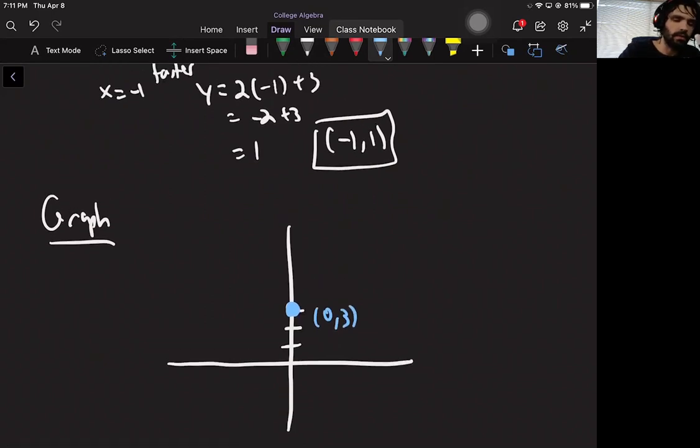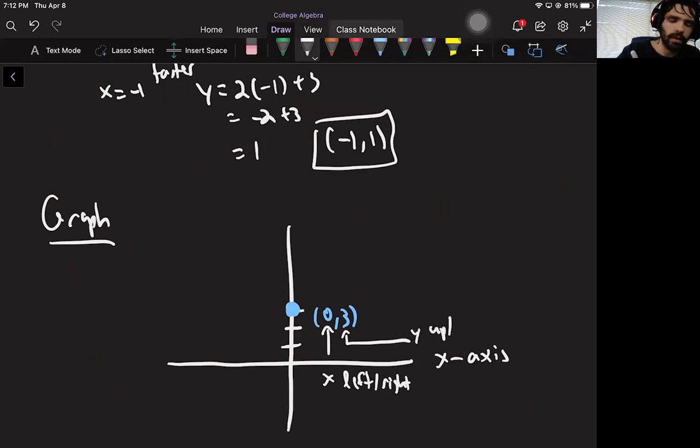I'm going to the left and to the right 0 because my x value is 0. And then my y value is 3. So I'm going up because up is positive. So I'm going up 3. And then that's where I'm drawing my point. And I'm labeling it next to it just to be extra clear.